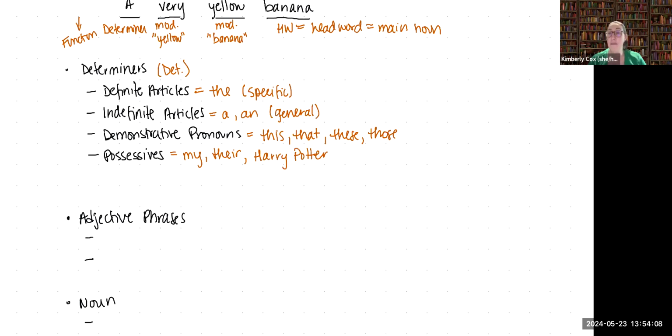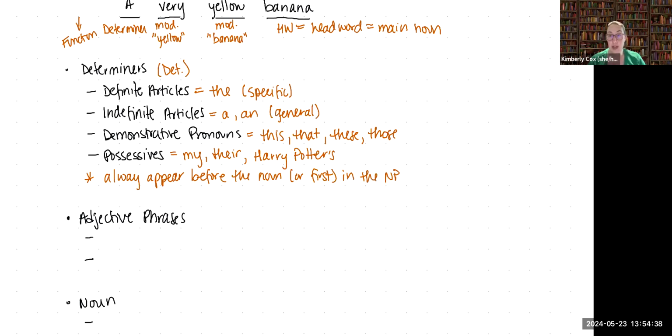Harry Potter's banana, my banana. The key here is that determiners always appear before the noun, or first in the noun phrase.